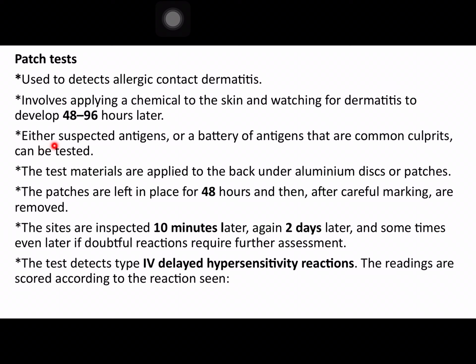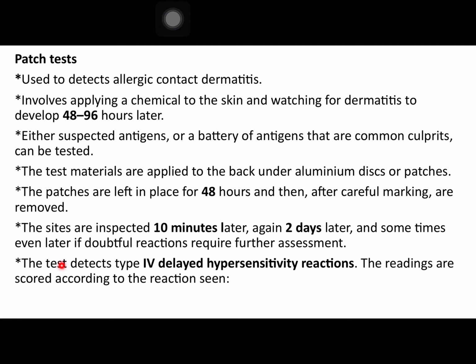In the test, we use either a suspected individual antigen or a common battery of antigens. The material is applied on the back under an aluminum disc or patch to enhance penetration. The patch is left in place for 48 hours. Then after careful marking, the patch is removed. The site is inspected after 10 minutes, and again 2 days later, and in some doubtful reactions we need more time for inspection.